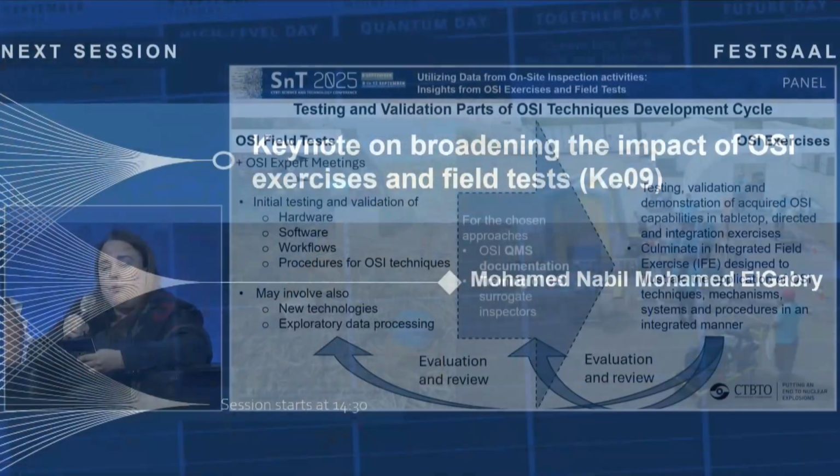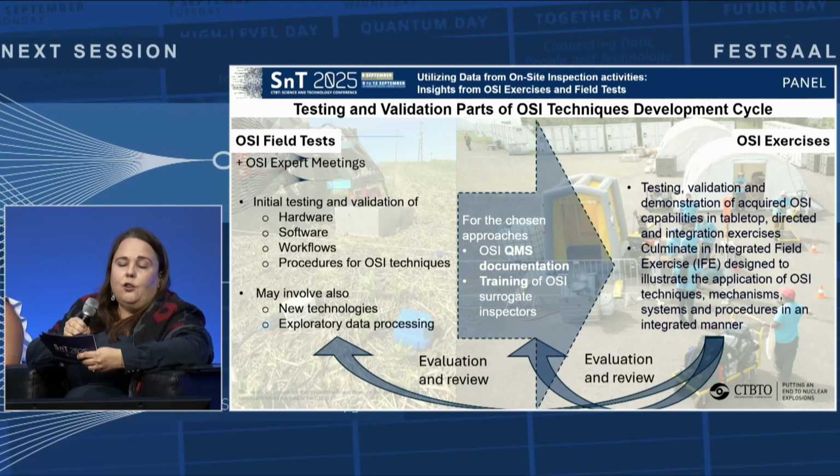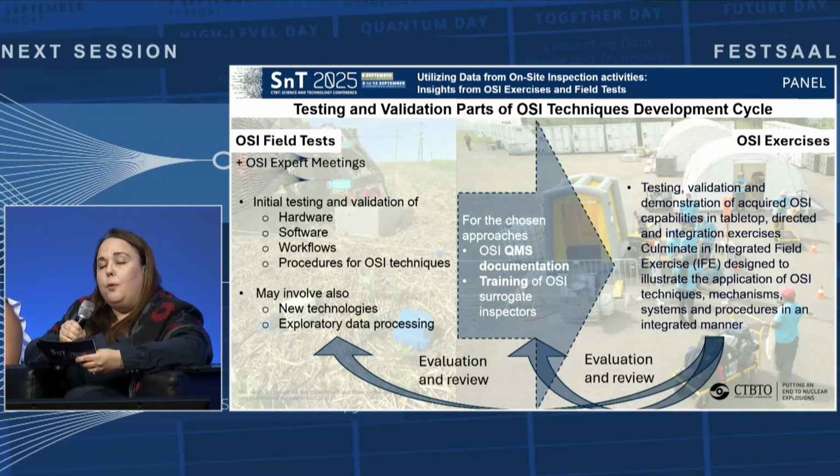So then, as a background, a few words about the OSI techniques development process, with a focus on the roles of the on-site inspection field tests and exercises. As we know, paragraph 69 of part 2 of the protocol to the treaty mentions the activities and techniques that can be used during the on-site inspection, including, for example, position finding, visual observation, measurement of levels of radioactivity, environmental sampling, and passive seismological monitoring for aftershocks, and many more.